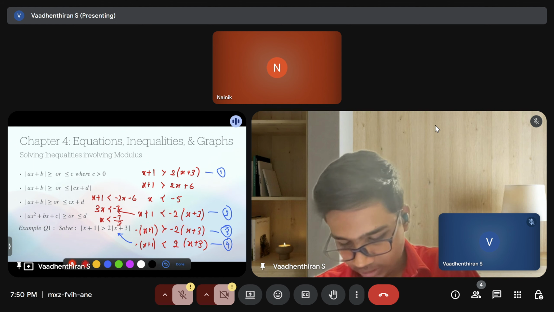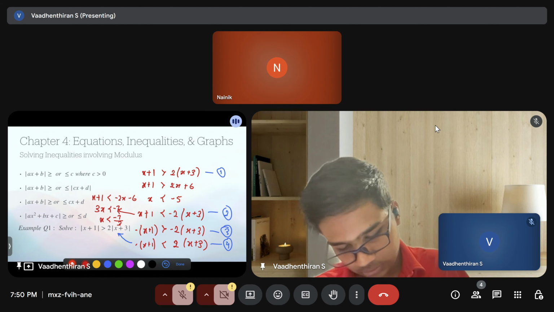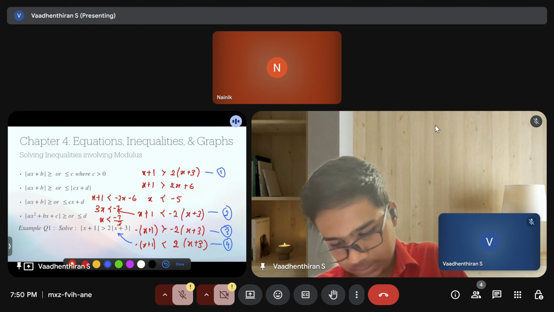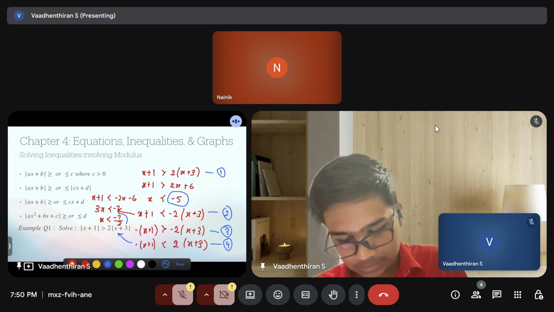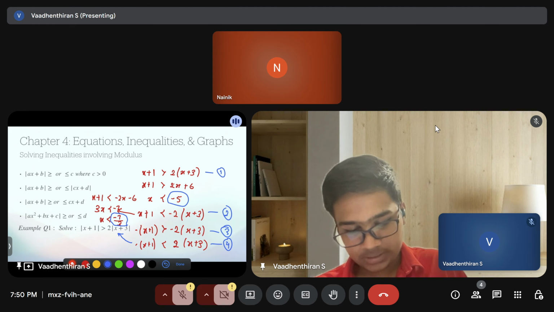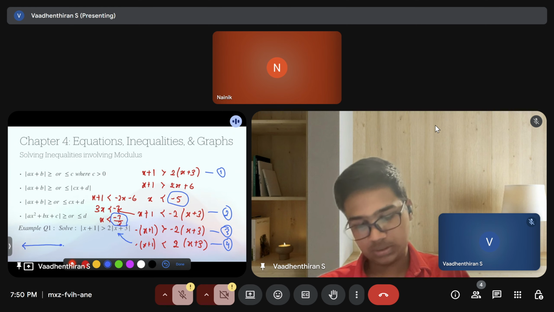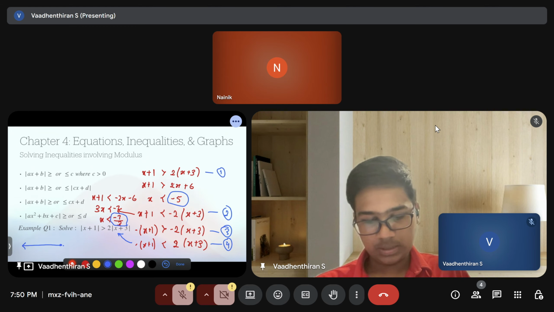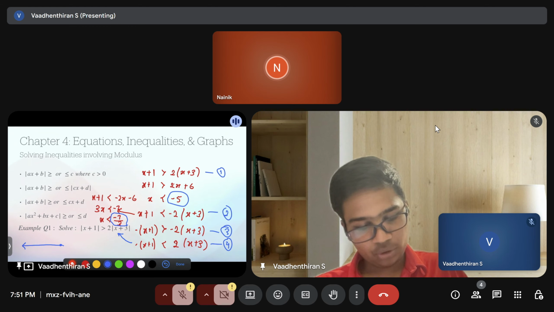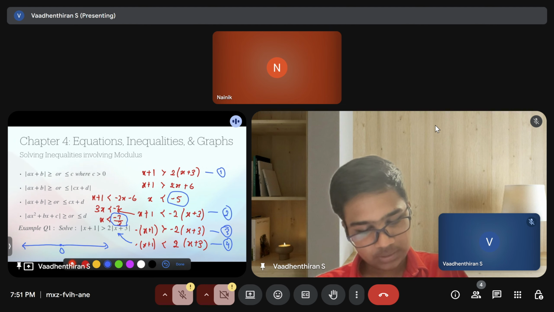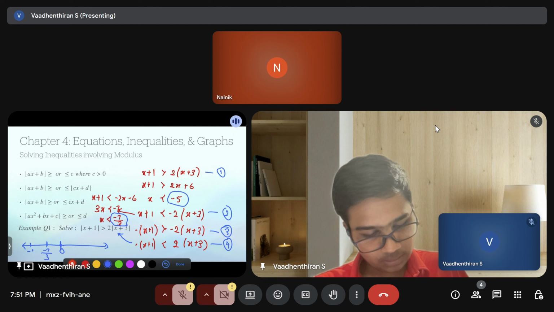And sometimes if there are two equations, you can see that x is less than negative 5, x is less than negative 7 by 3. So what does this mean when you draw a number line? Negative 7 by 3 is greater than negative 5, right? When you're drawing the number line, let's say this is 0, you have negative 7 by 3 here and then negative 5 here.